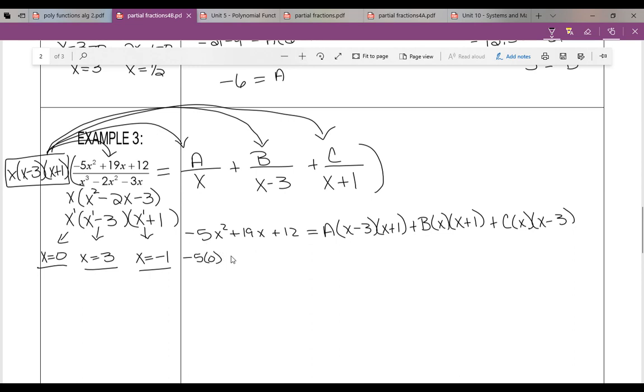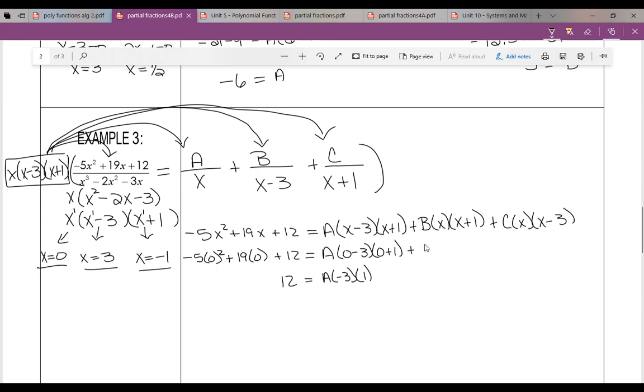So 0 squared plus 19 times 0 plus 12 gives me a grand total of 12 on the left-hand side. Now, on the right-hand side, 0 minus 3 and 0 plus 1. A is not going anywhere because that gives me A times negative 3 times positive 1, and that's not a 0.